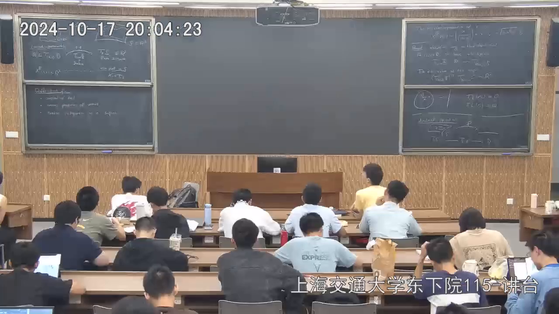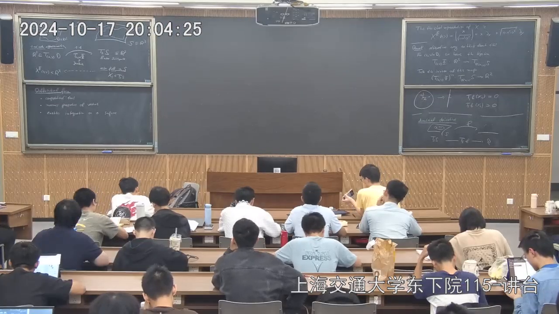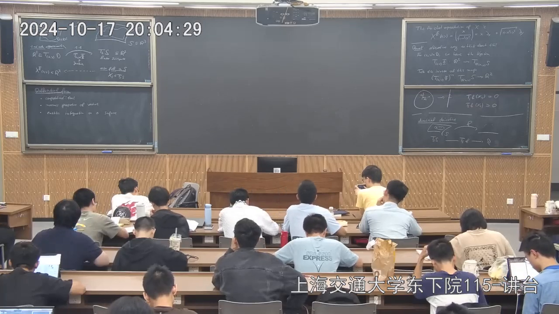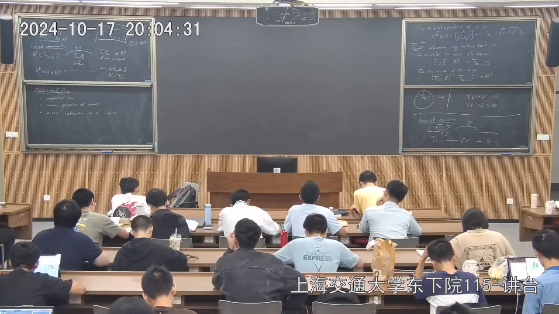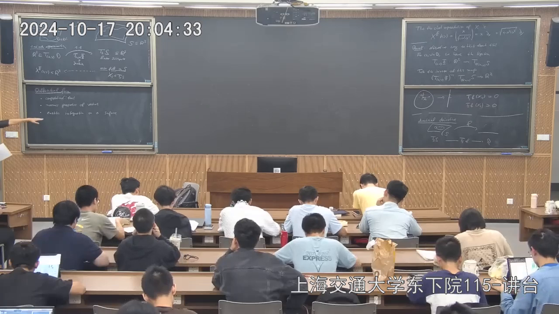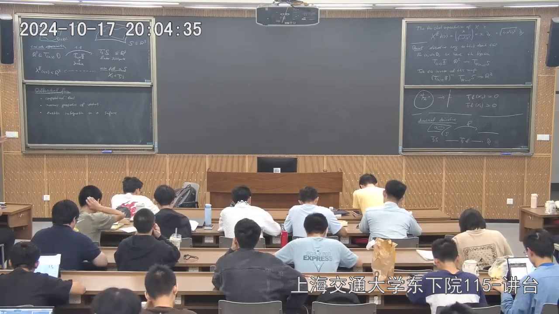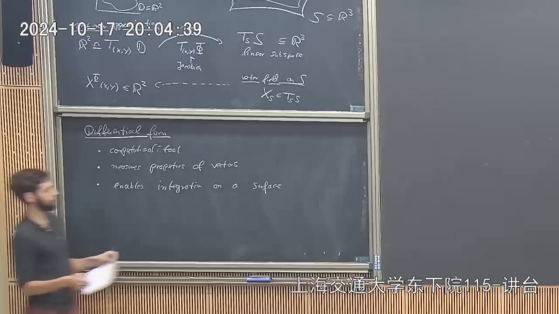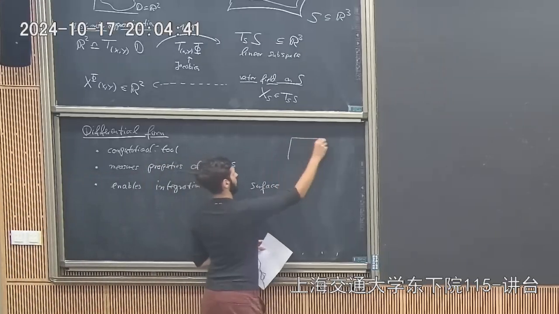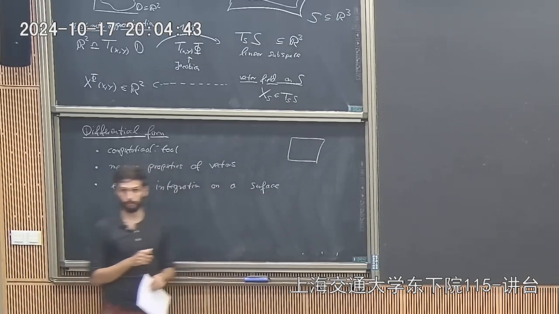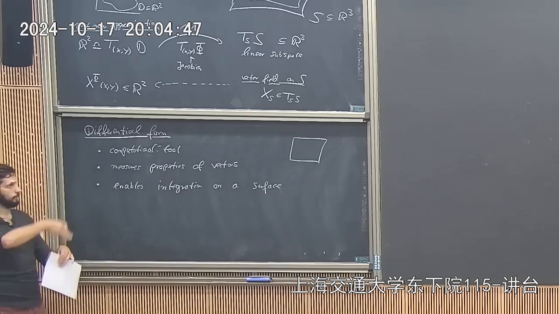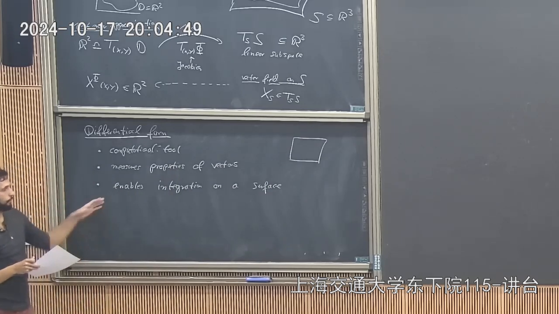So integration would be something that, you know, you can integrate a function that depends on one variable. That's something that you learned in your first course, and you also probably know how to integrate certain things that depend on two variables. But all of that is essentially integration over, say, some rectangle. So you integrate from A to B, and then from some C and D in some other direction.